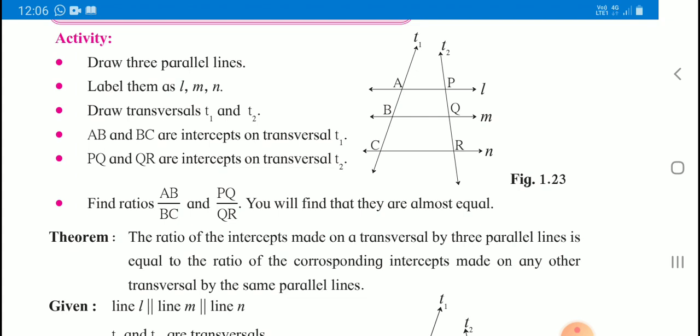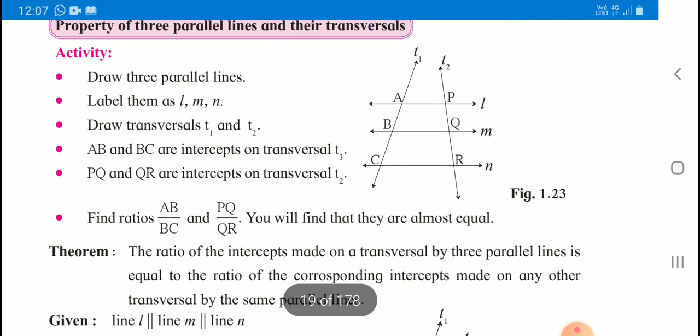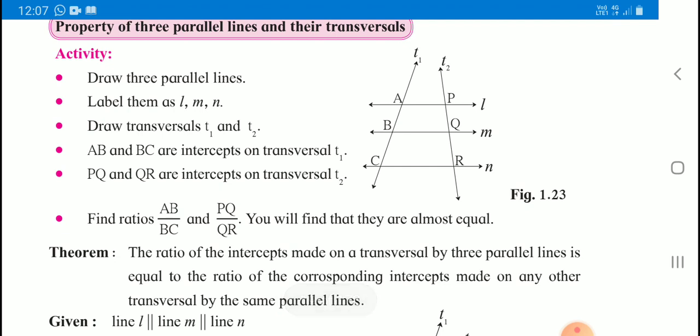That means if three lines are parallel and there are two transversals, the intercepts made by these three parallel lines and two transversals are in equal ratios. That is known as the property of three parallel lines and their transversal.